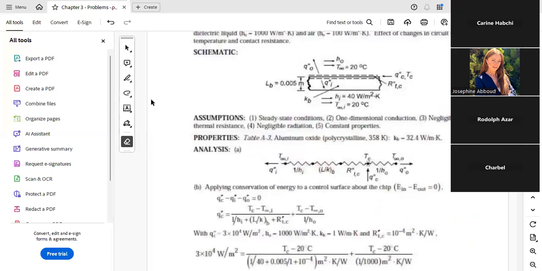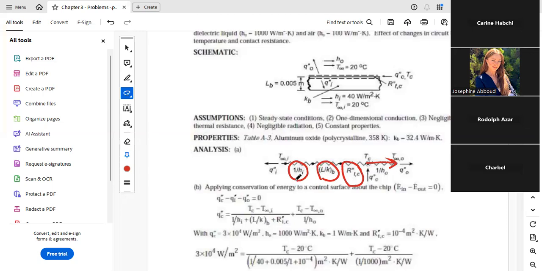So I have a flow. This is a source term, which is the generation, that will be divided into two parts. One towards the outer side with only a resistance to convection, and one to the inner side that is opposed first by the thermal contact resistance, then by the conduction resistance of the board, and finally by the inner convection.